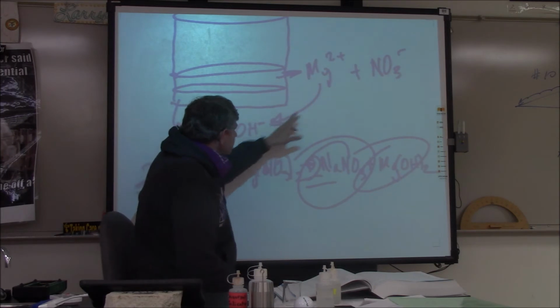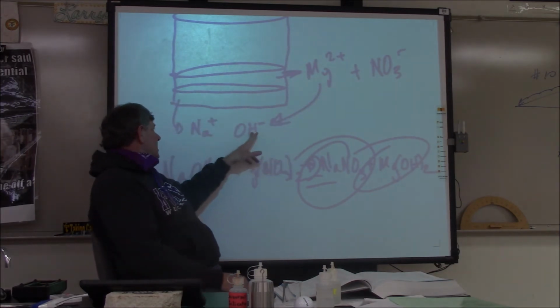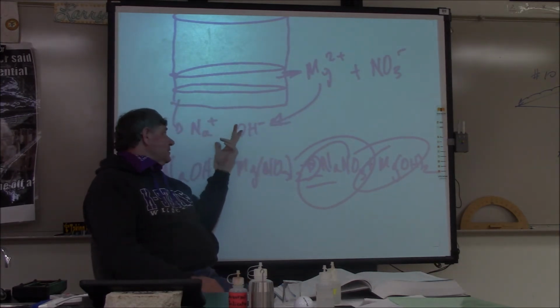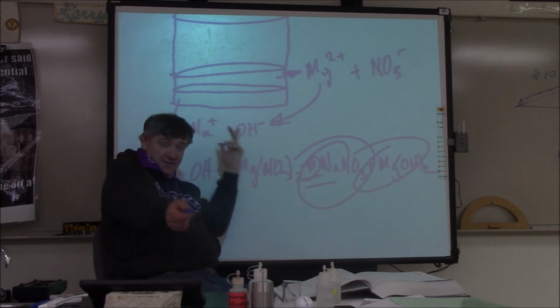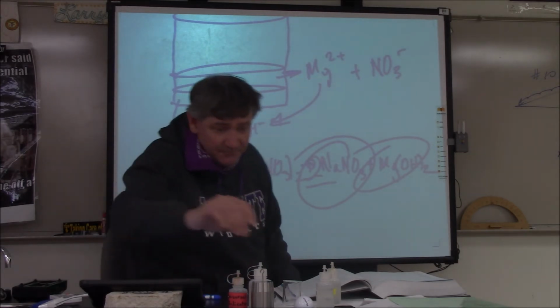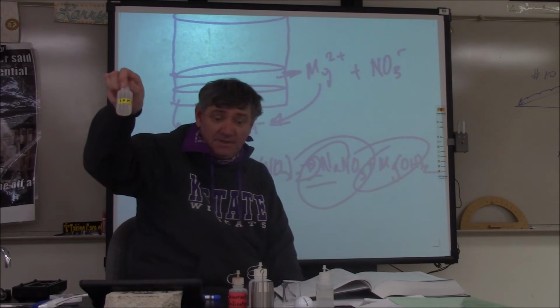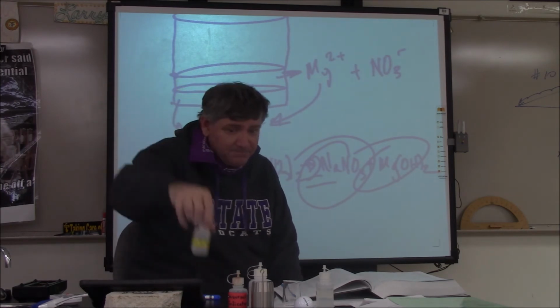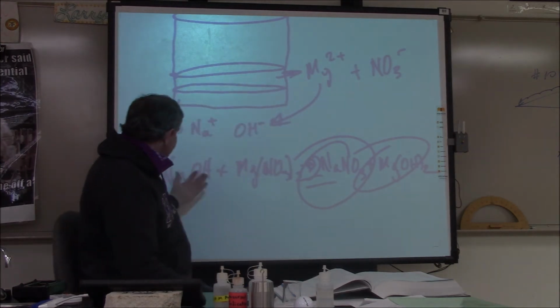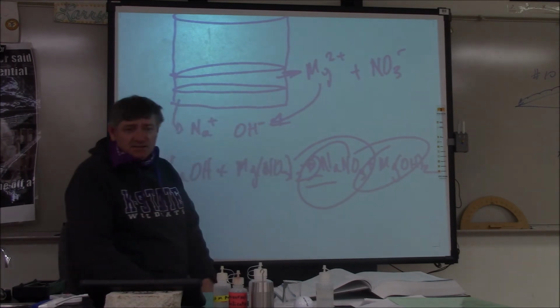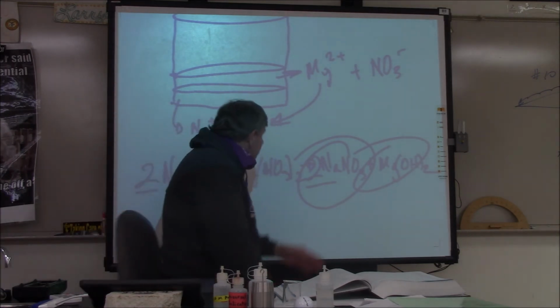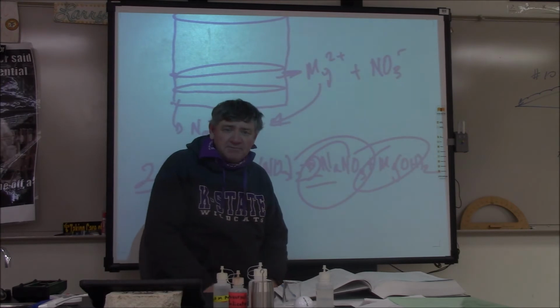Hydroxide says, hello, sailor. Because the hydroxide is attracted to the sodium. Okay? They've been together in this bottle for a long time. So they've kind of hung out, but now the hydroxide comes along and says, oh, let me go over and see what's happening with the magnesium.